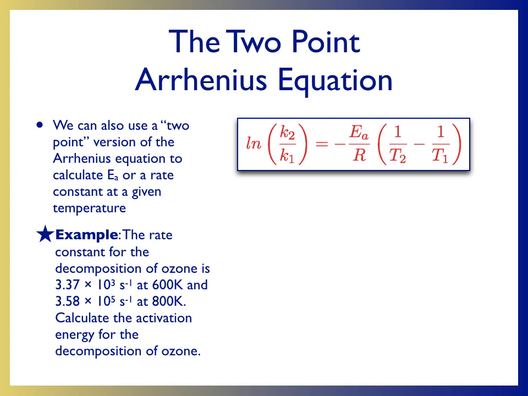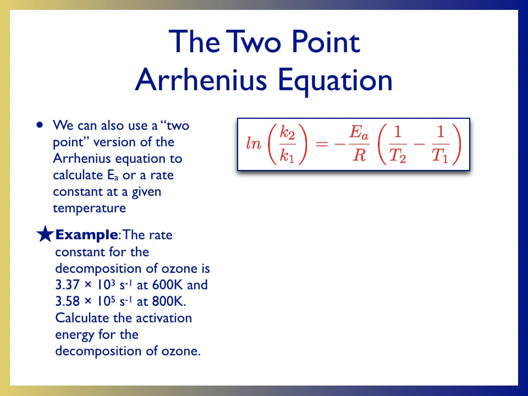To do this problem, we definitely want to make sure that we keep the data straight. That is, keeping K2 and T2 together and K1 and T1 together. We let K1 be the rate constant at 600 degrees Kelvin and K2 be the rate constant at 800 degrees Kelvin.